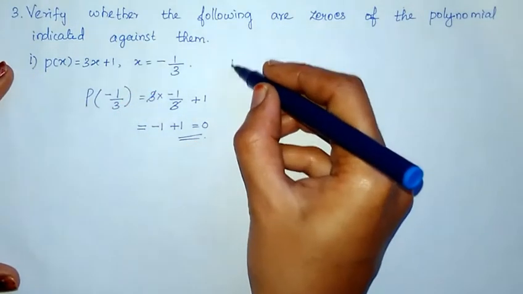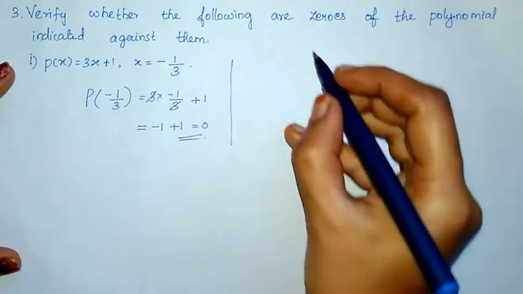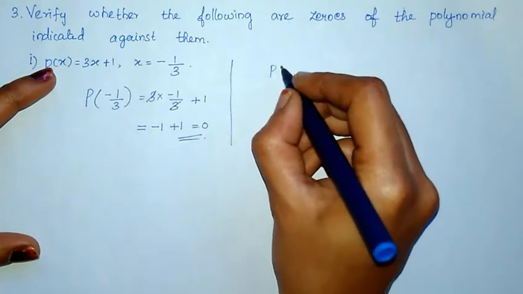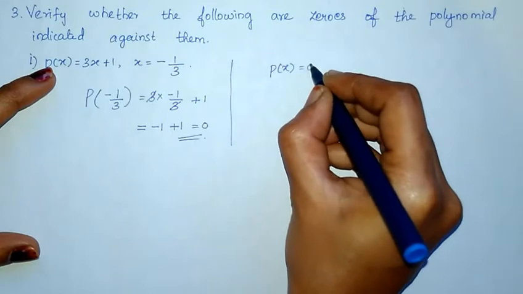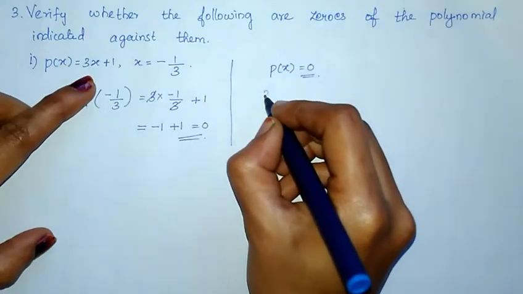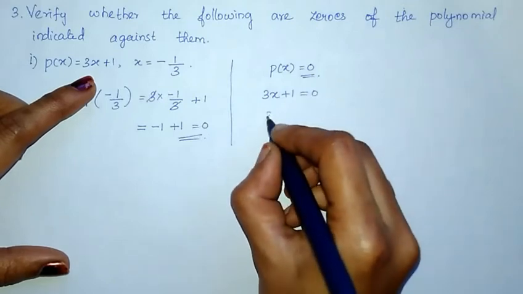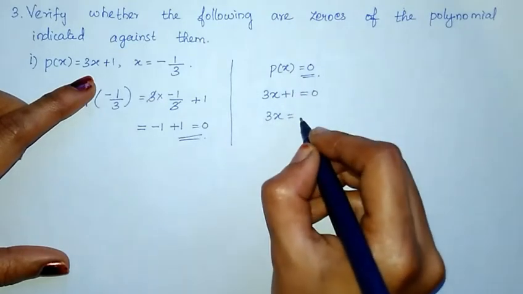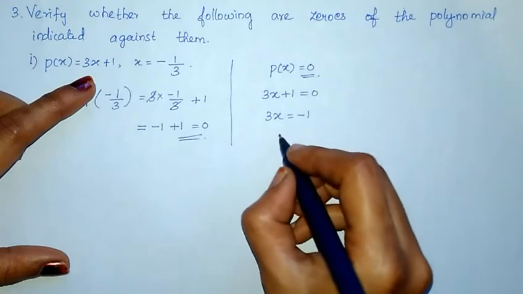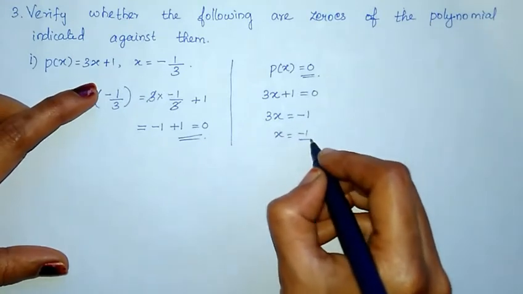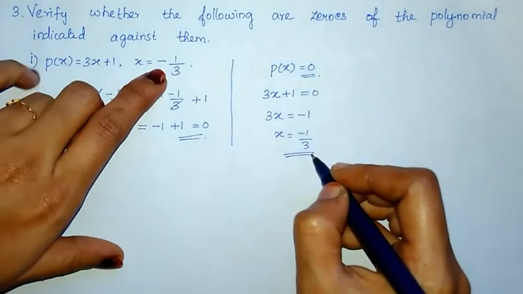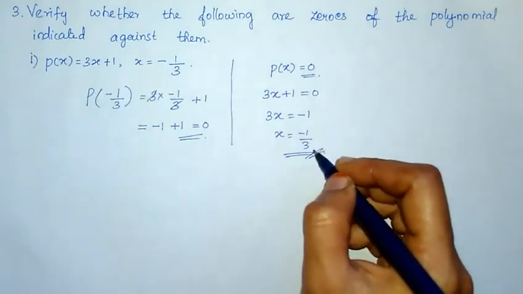We can check by using one more method, that is, just take p of x equal to 0. Now, 3x plus 1 equal to 0. 3x equal to, this will go to the right side, minus 1. x equal to minus 1 by 3. Here we got this value, x equal to minus 1 by 3.